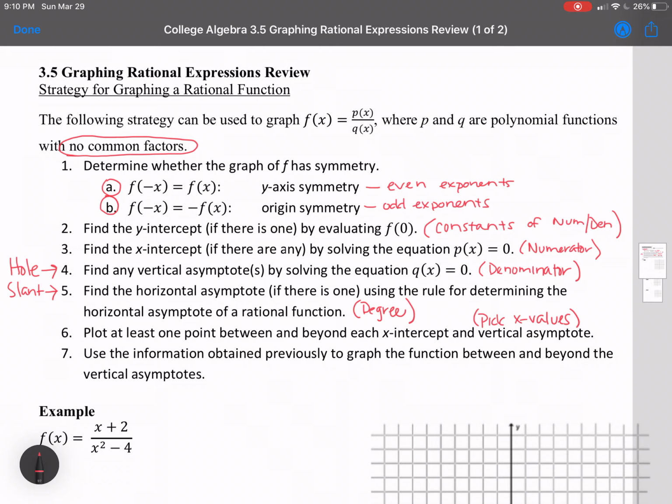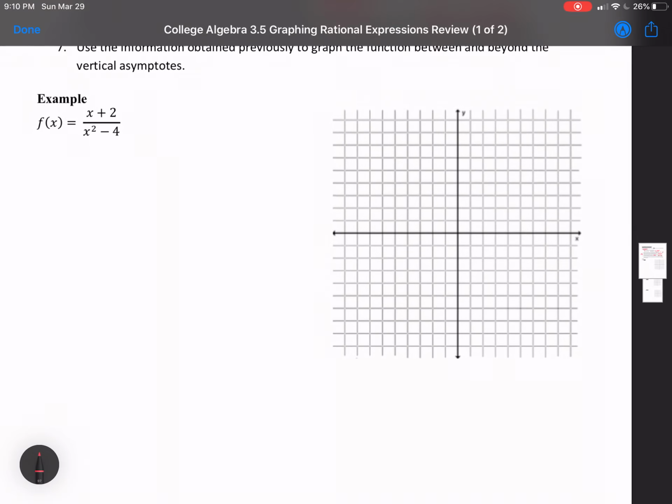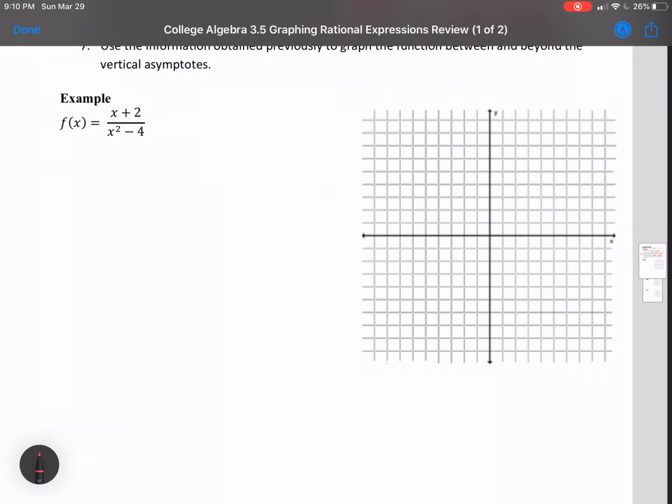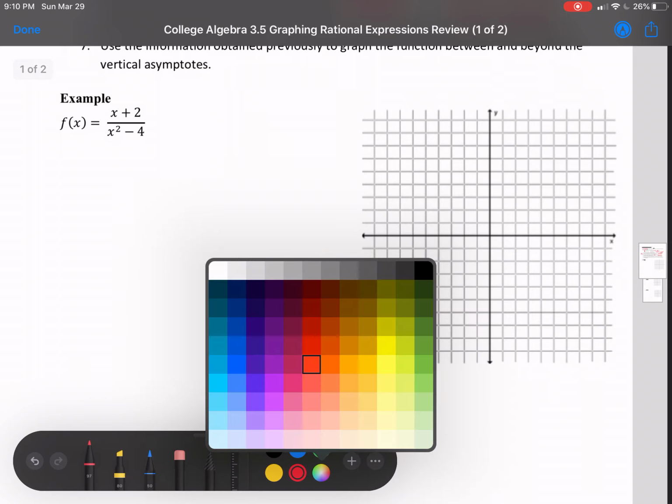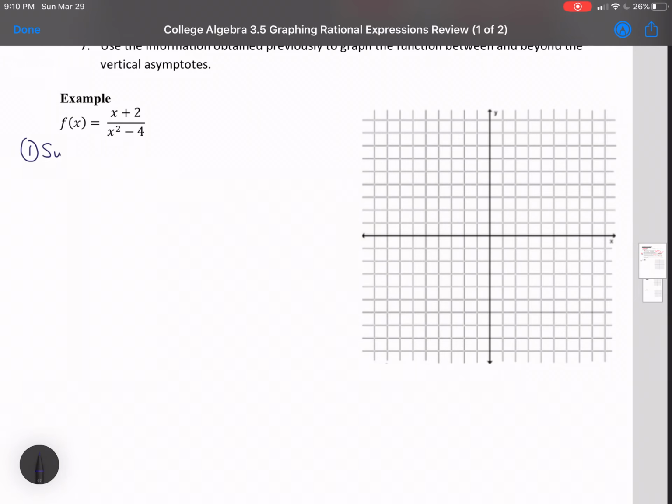All right, so if we look at this first example, f of x equals x plus 2 over x squared minus 4. Using our steps, first thing we want to do is check our symmetry. We do that by plugging in f of negative x, which would give us negative x plus 2 over negative x squared minus 4.